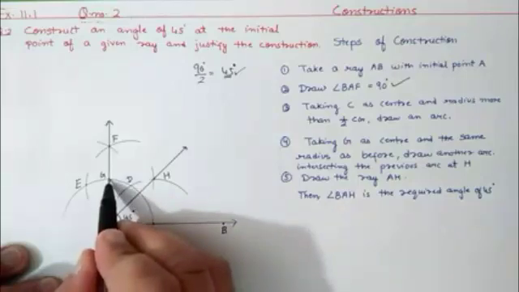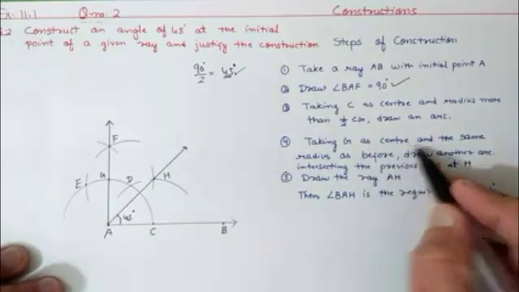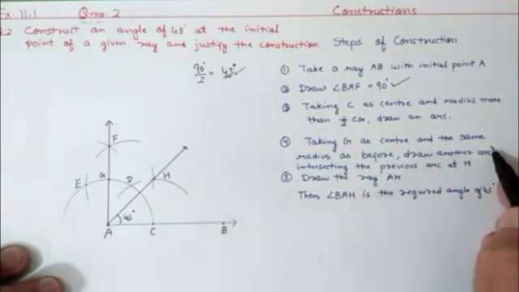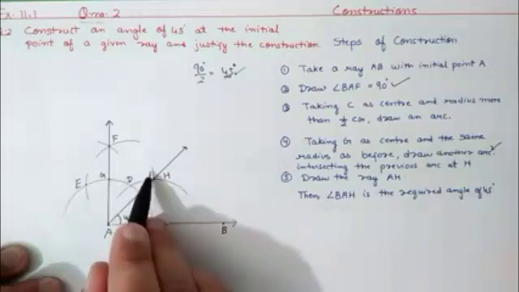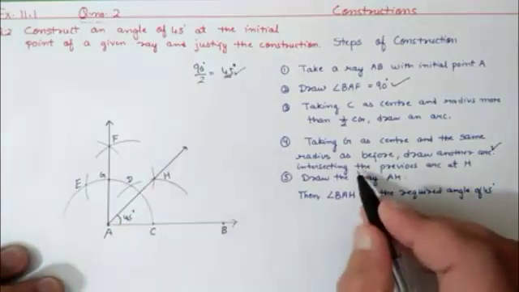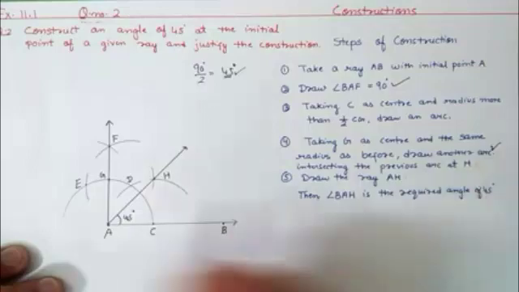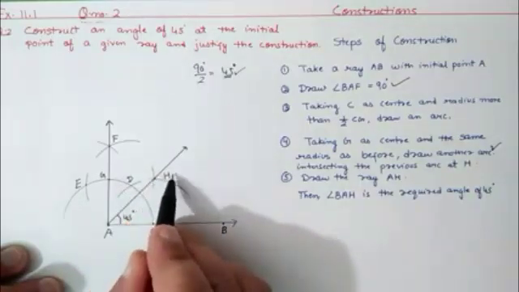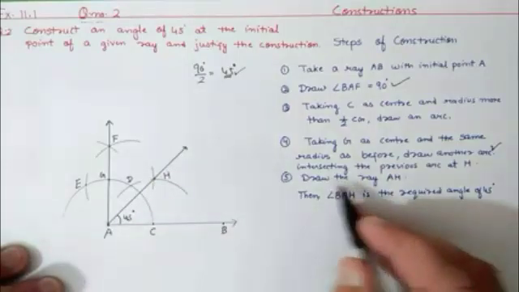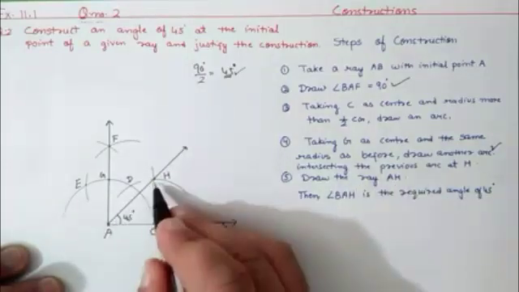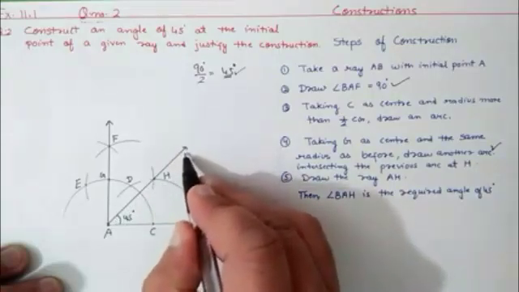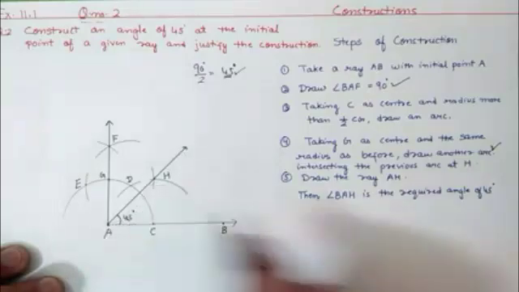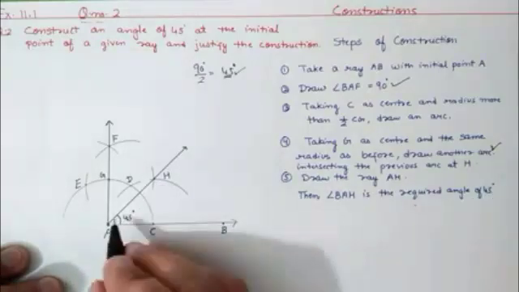Now keeping G as the center, and keeping the same radius as the arc we have drawn, we will get one more intersecting point, that will be our point H. Now draw the ray AH and we will get angle BAH, and that angle BAH is our 45 degree. So we got BAH as the required angle of 45 degree.